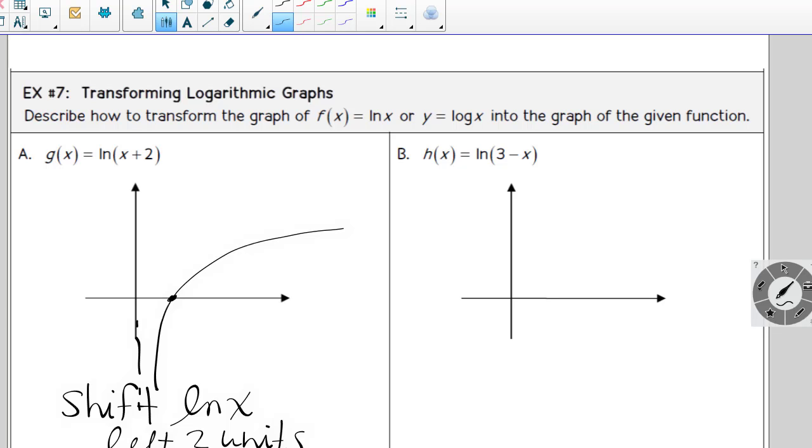Then when I shift it left 2 units, 1, 2, I'm going to have a point right here. I can shift my asymptote left 2 units, so I'm going to have an asymptote right here. Then the function, we'll do it in green, at least we'll try to do it in green.